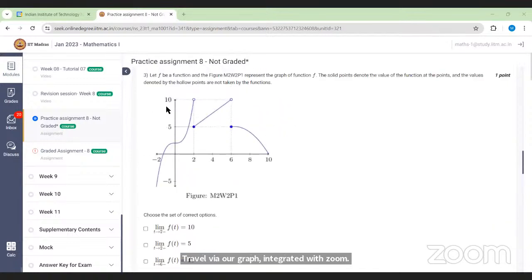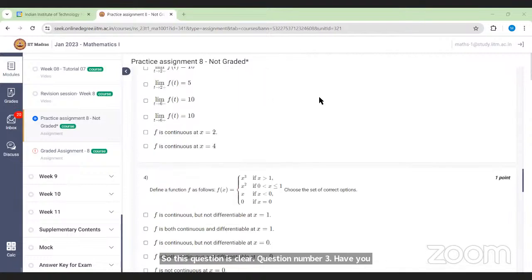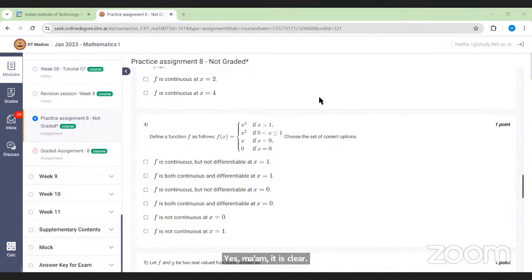So this question is clear. Question number 3. Do you have any doubts? Yes, ma'am, it is clear. Clear, right? Now go to question number 4. This is also something where you can use the left-hand derivative and right-hand derivative. That will be easy, it's an easy question. Okay. Yes, ma'am. We can move on.